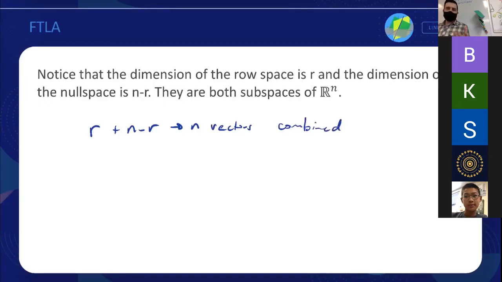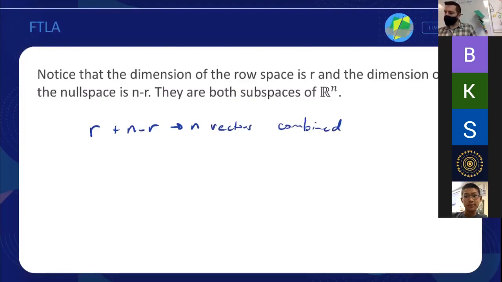If I combine the two spaces, I'll have n vectors. As long as they're independent, n independent vectors in Rn are a basis for all of Rn. So what we'll see is if I take those row space vectors and those null space vectors and I put them together, I will have a basis for all of Rn. Okay, but again, that'll come later.